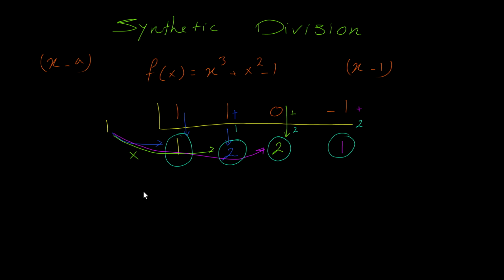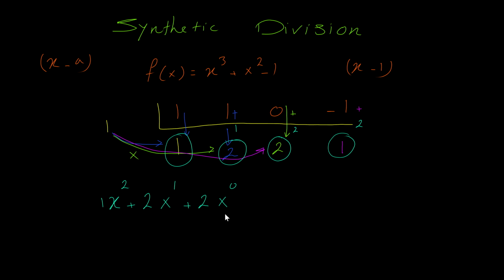Now, figuring out how to write it. Here I have a degree of 3, and the divisor has a degree of 1, right? So my quotient is going to have a degree of 2. And that's the first coefficient of it. So it's going to be 1 x squared plus 2 x to the power of 1 plus 2 x to the power of 0.